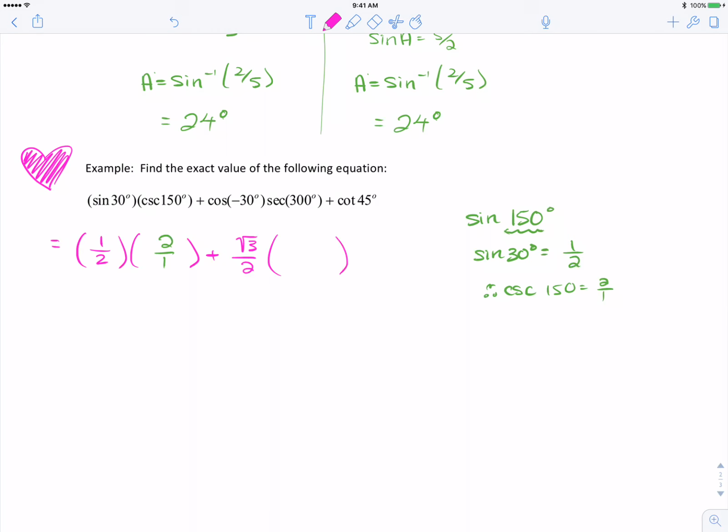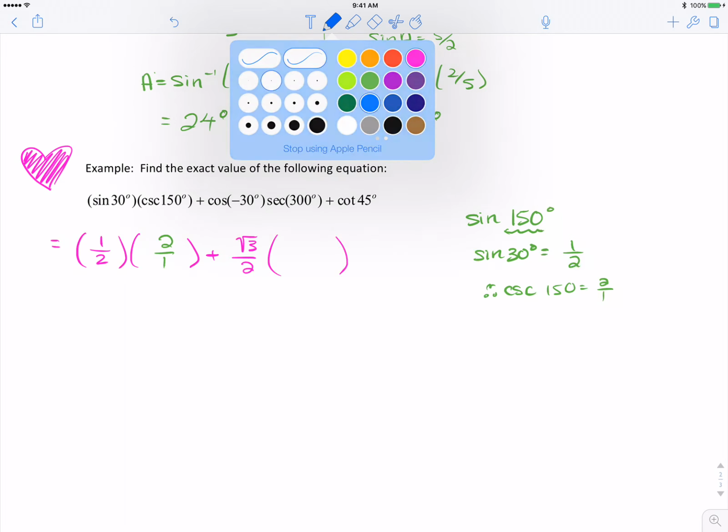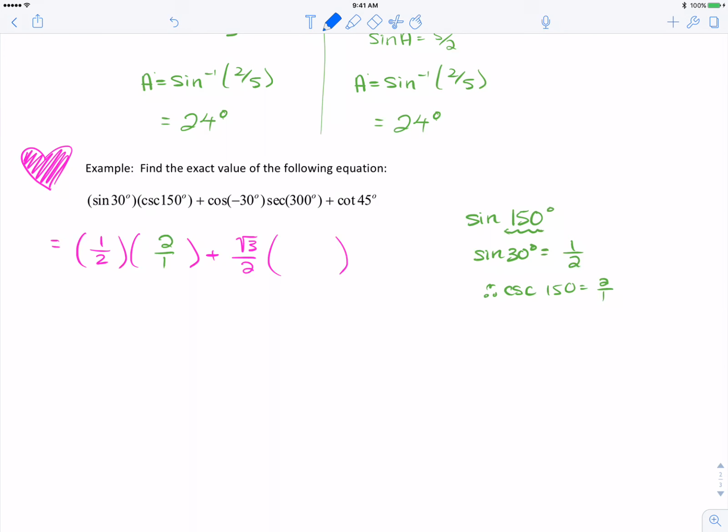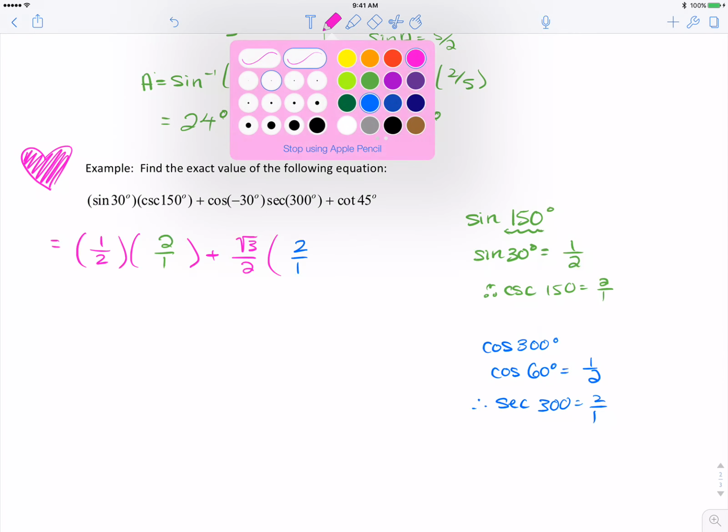times the secant of 300. Again, I'll do that side work over here. Secant comes from cosine of 300, bringing it back down to its lowest degree. 300 will go down to 60, right, for multiples. And the cos of 60 is a half, which makes the secant of 300 2 over 1. Don't know why the bracket is so big. We'll make it smaller.